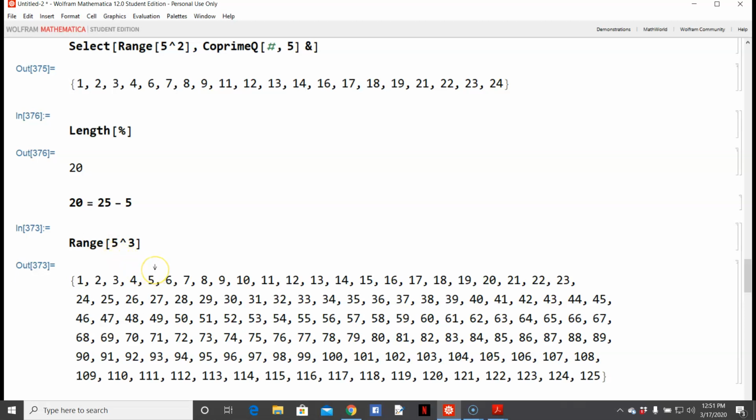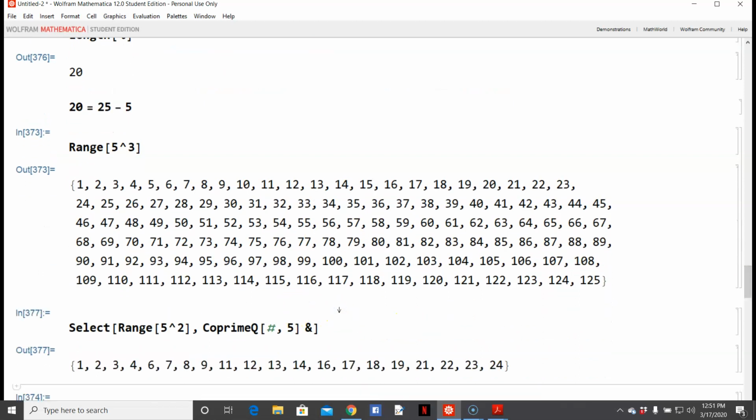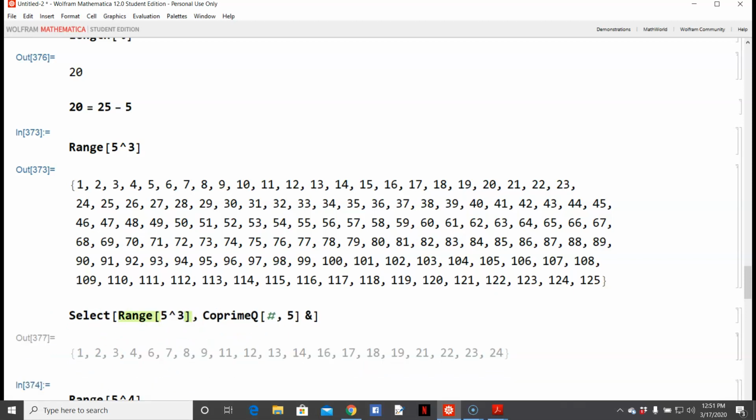But if it's divisible by any of 5 squared or 5 cubed, it's divisible by 5. So I just have to remove all of the multiples of 5. All right, and that's what I do when I put the correct power in.